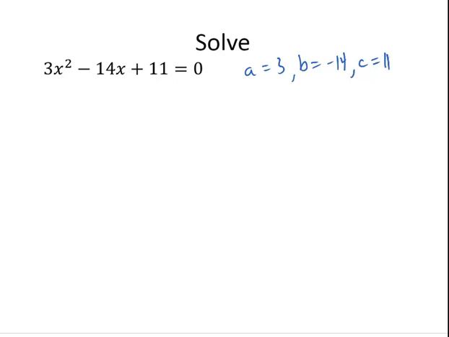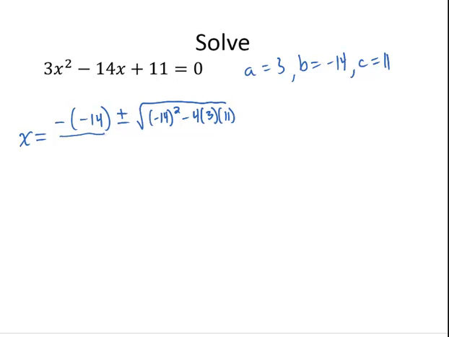Then, applying the quadratic formula, the solutions would be given by x is equal to the opposite of b plus or minus the square root of b squared minus 4ac, all divided by 2a.